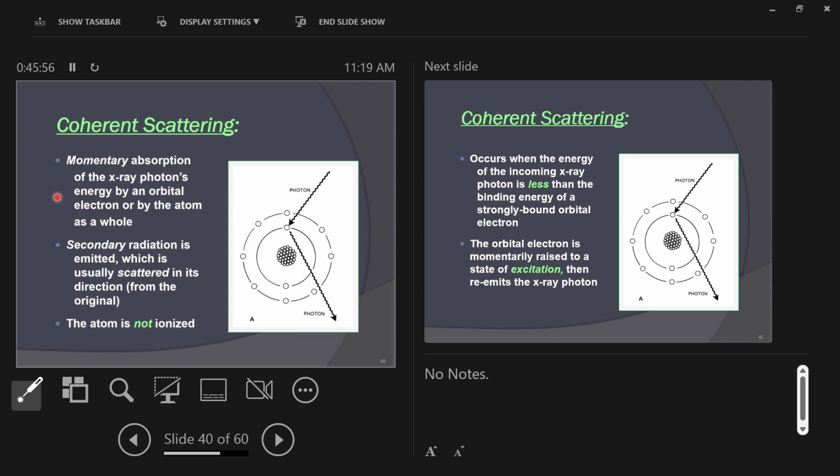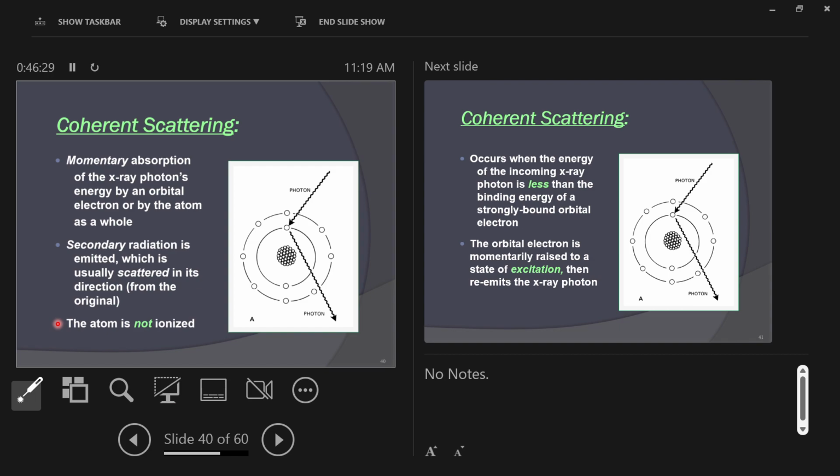If you take the bird's eye view and stand outside of the atom, you have an incoming photon and an outgoing photon, no matter which of the two types of interactions happen, Thomson or Rayleigh. Secondary radiation gets emitted, scattered in a different direction from the original. The important thing for the patient here, the atom is not ionized. Because the atom is not ionized, you didn't make any physical changes to the structure of their body.